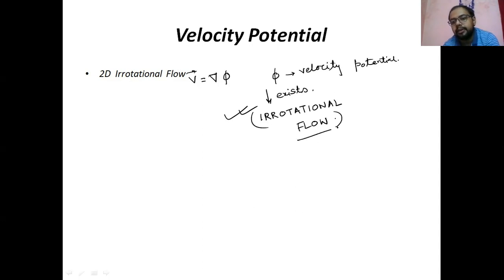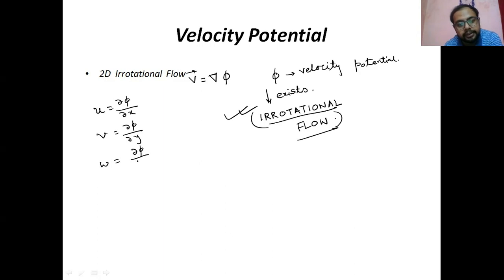Then only this velocity potential will exist. In Cartesian coordinates, u is equal to del phi by del x, v is equal to del phi by del y, and w is equal to del phi by del z.